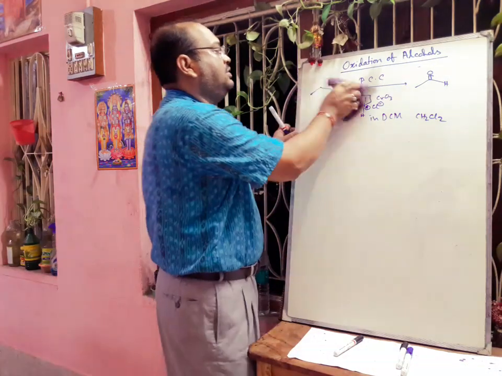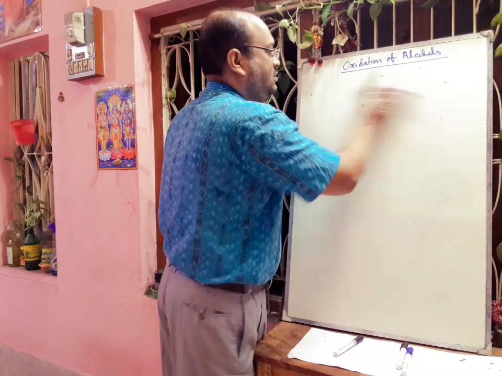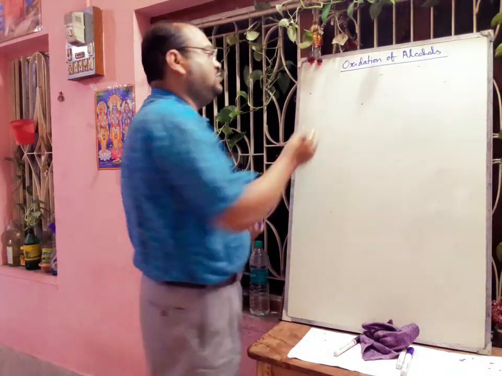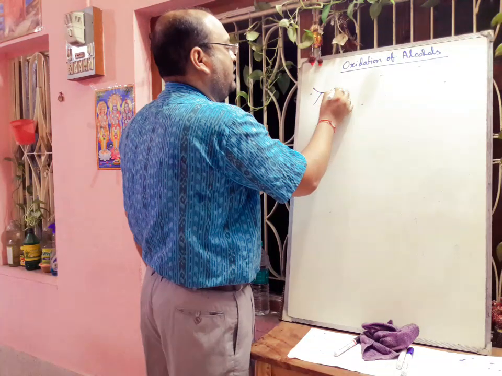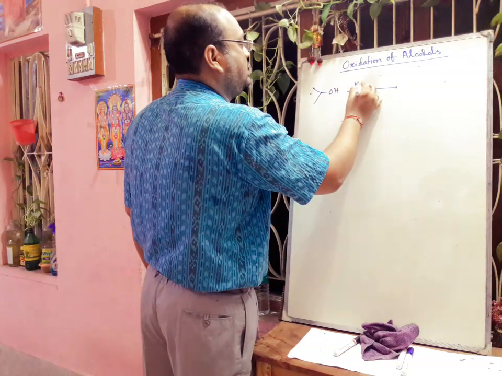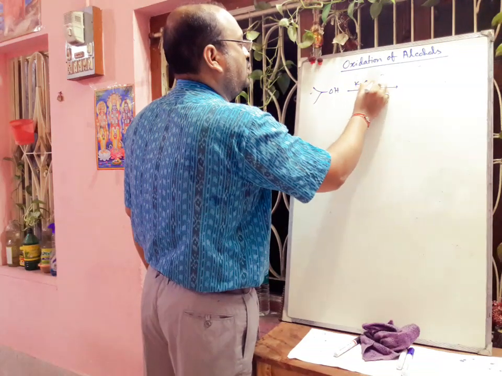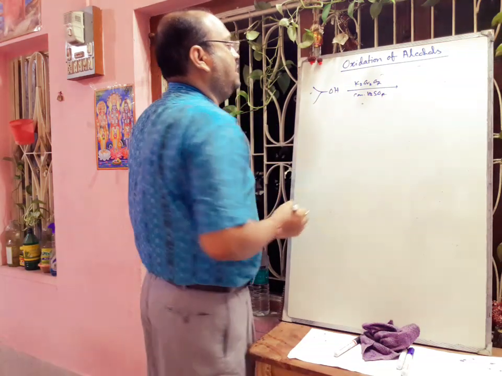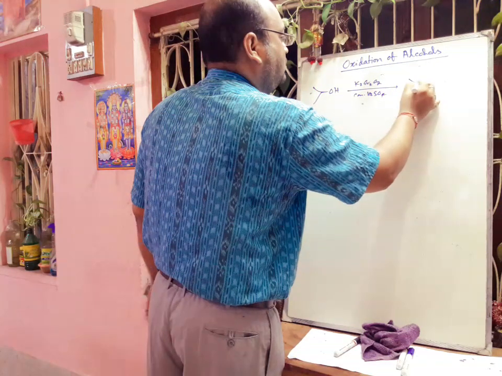Next, if we think about the secondary or tertiary alcohol, secondary alcohol will produce ketone. So if we use the Jones reagent, K2Cr2O7 and concentrated H2SO4, then we will get the corresponding ketone.